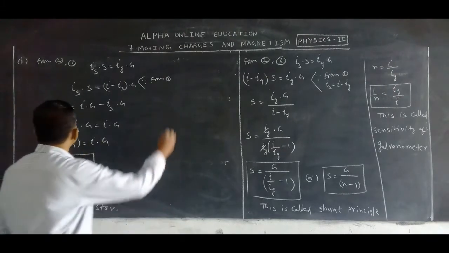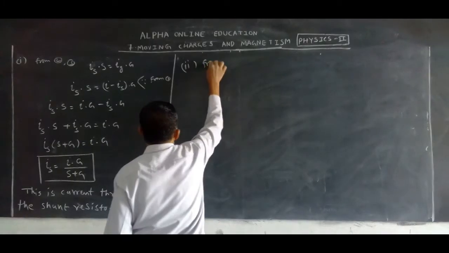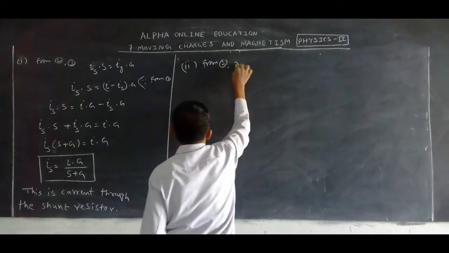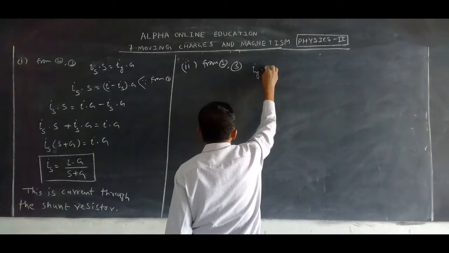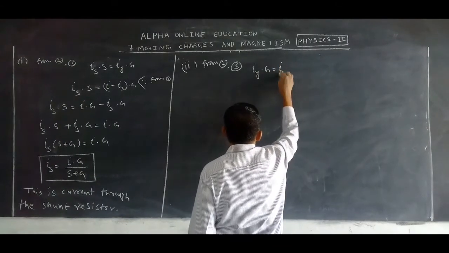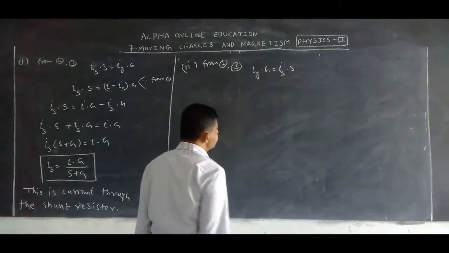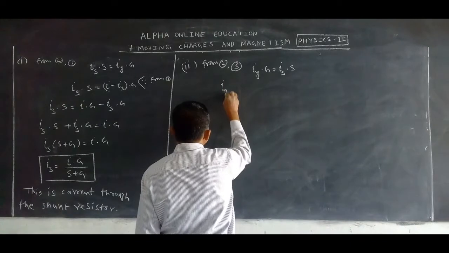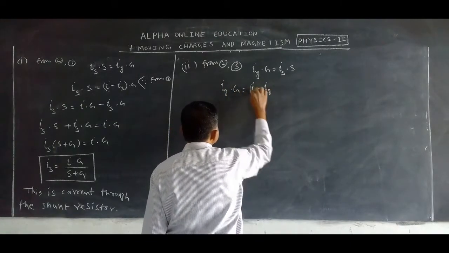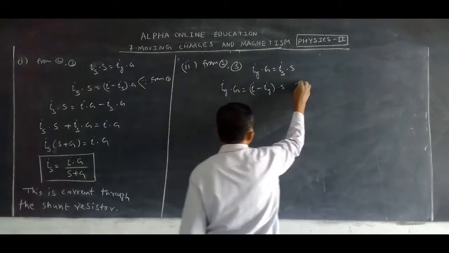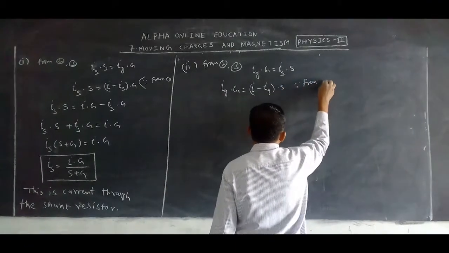Now again from 2 and 3, Ig G = Is S. Now Ig G = (I - Ig) S, again from 1.